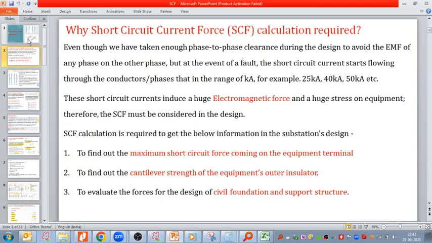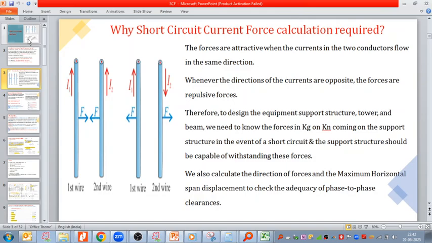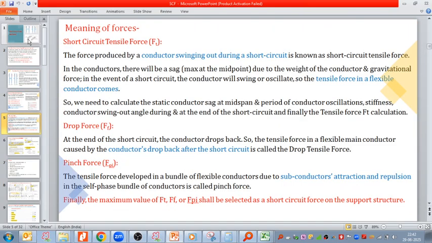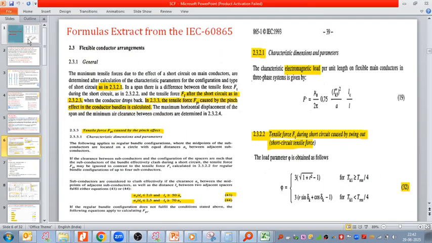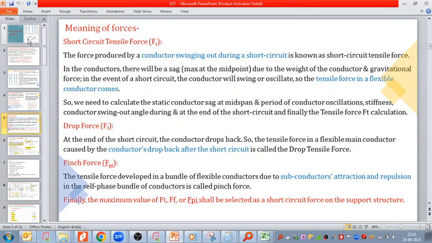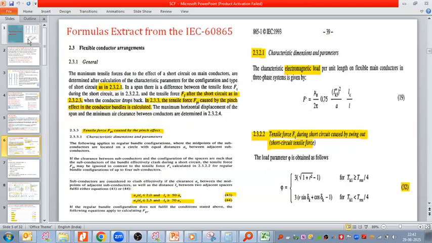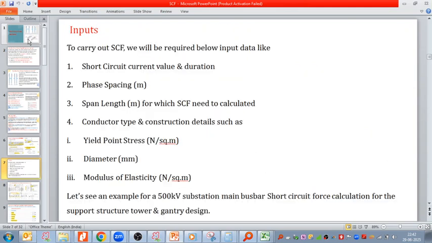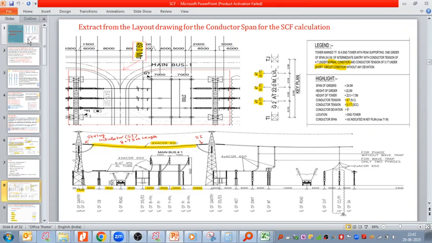So we discussed this page, then the standard, and then the meaning in layman language of these forces, and then the three forces and formulas we will take from 60865. So we discussed inputs. Then we took one example, one extract from the layout drawing, for which we are performing the calculation.